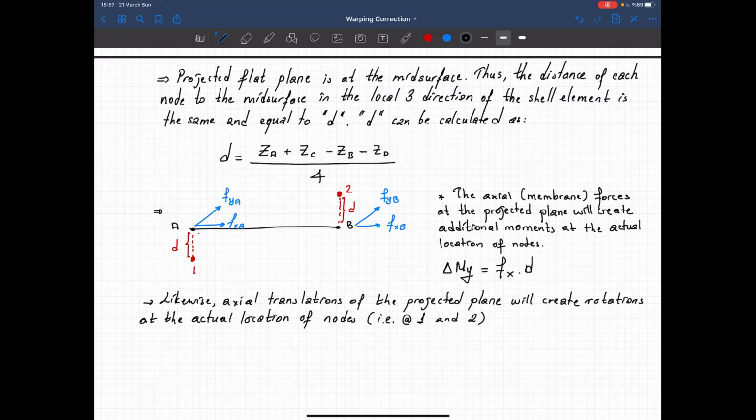So you can just write a relationship in terms of axial translations and the rotations. So these additional moments and rotations can be incorporated with the transformation matrix.